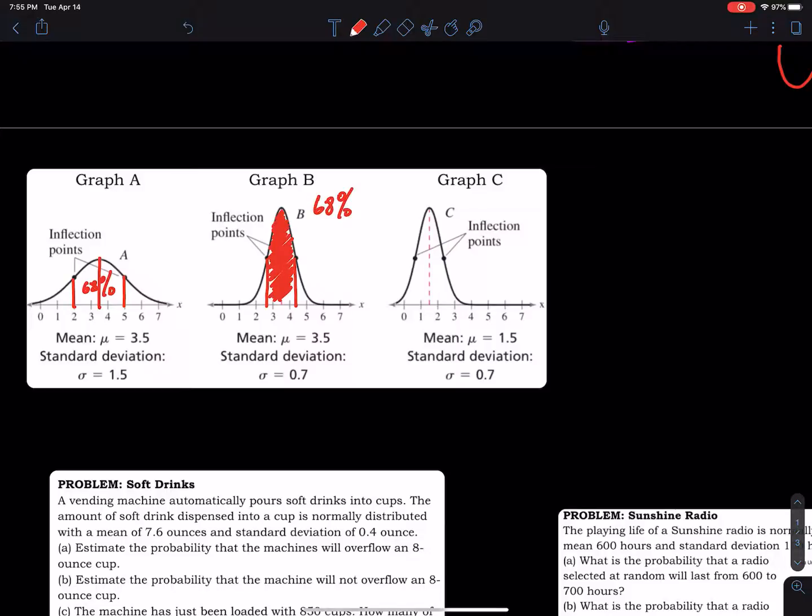Okay, compare A and B. The mu, no change. The sigma, this one is big, this one is small, right? What happens if you change the sigma? The answer is if you change the sigma, then you change the spread. This is more spread out, and this one is less spread out.